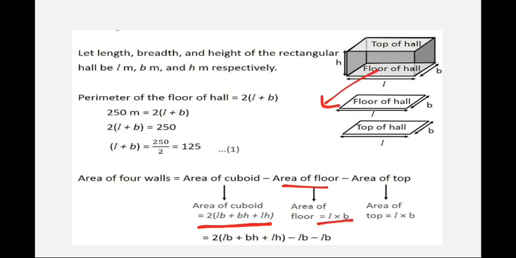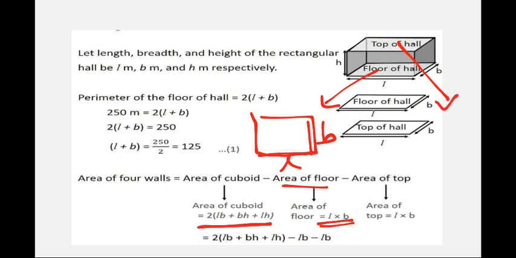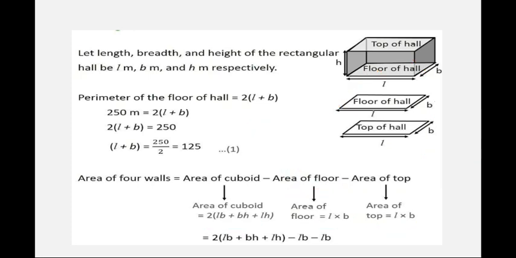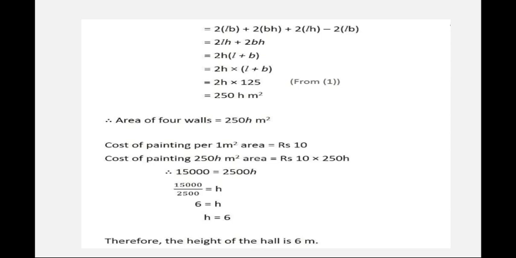If you zoom in on this floor, it will be in the shape of a rectangle where this side is length and this side is breadth, so the area will be length into breadth. Similarly, the top is in a rectangular shape. This side is length, this side is breadth, so again it will be length into breadth. Now just do the calculation.